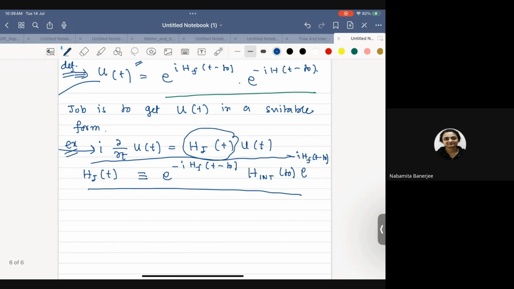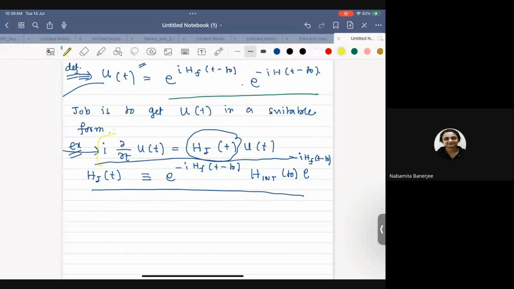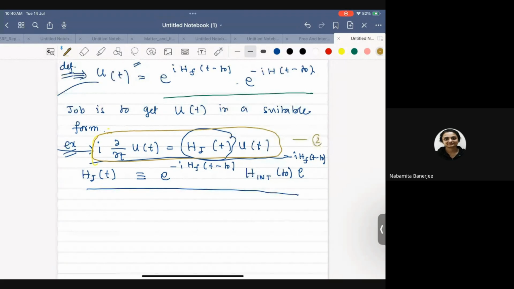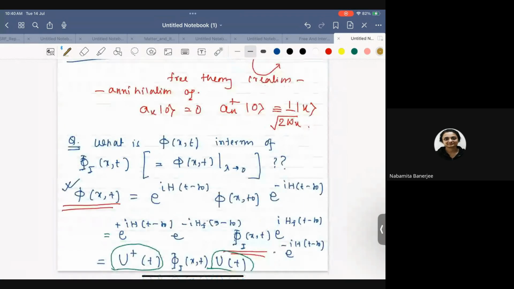Okay. Let me give this equation a number. This is a very important equation. Let me box it. Let me call this equation 2 and this equation 1.